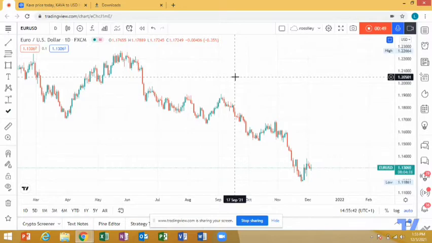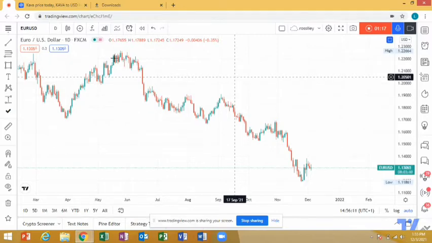It depends on how the trend is formed, but it's just a strong move in the direction of the trend, while a correctional move is a weak move against the trend, in the opposite direction of the trend.